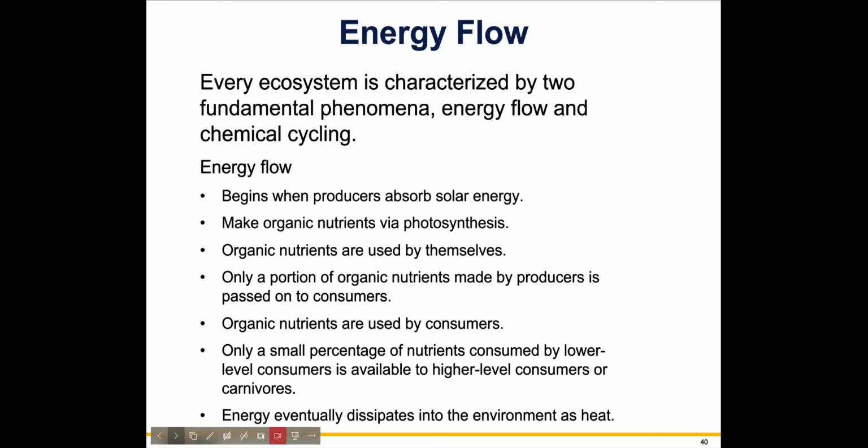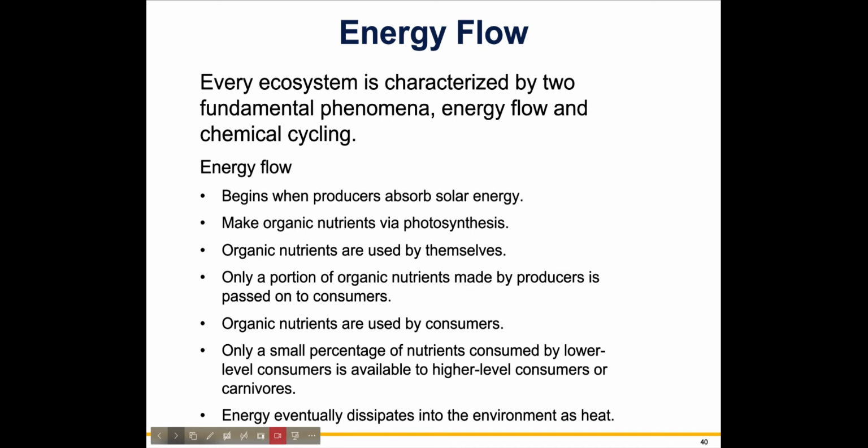So energy flow starts when producers absorb sun energy and do photosynthesis to make organic molecules, to make sugar. Then those organic nutrients are used by the producer, and only a small amount of them is passed on to consumers. Then my organic nutrients get used by the consumers that ate the producer, and only a small amount of those nutrients move on.